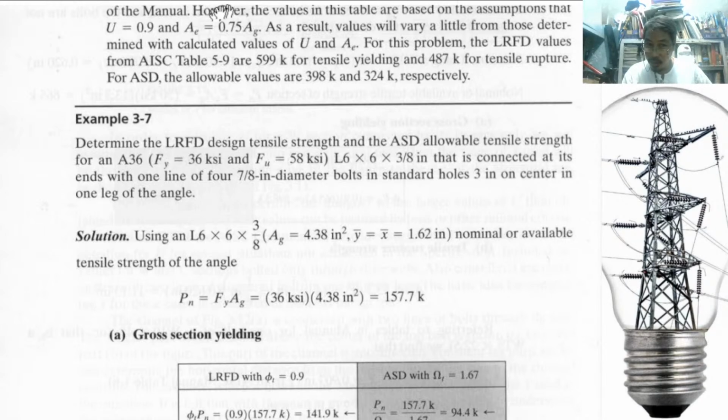One would use the assumption from the code, another would use the code provision using the table, and the third one, you can actually compute U, which is equal to 0.89.